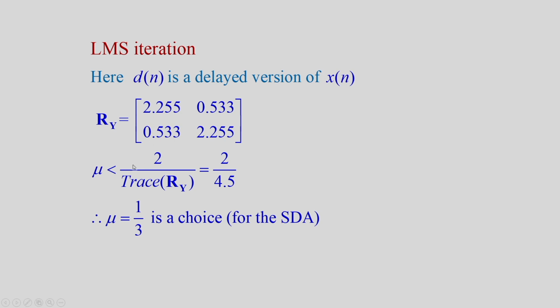One convergence relationship is that mu, which is positive, should be less than 2 by trace of Ry, and trace of Ry is equal to 2.255 plus 2.255. So it will be 4.51, and therefore mu is equal to 1/3 is a choice for the SDF, because here we have not yet discussed how to choose mu for the LMS algorithm.